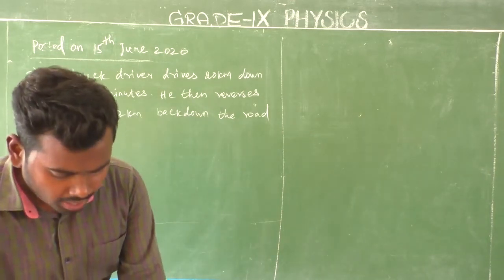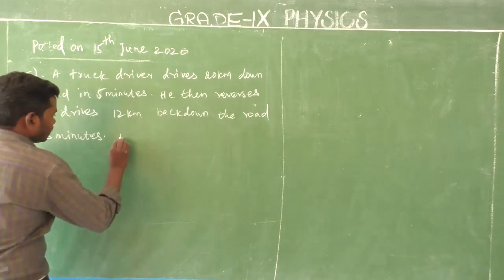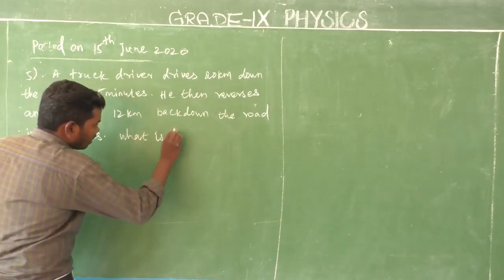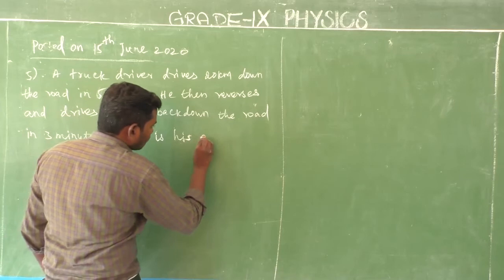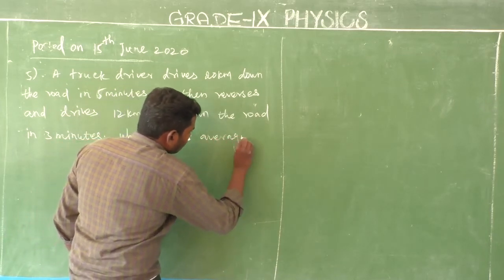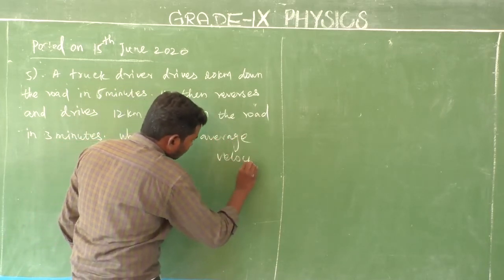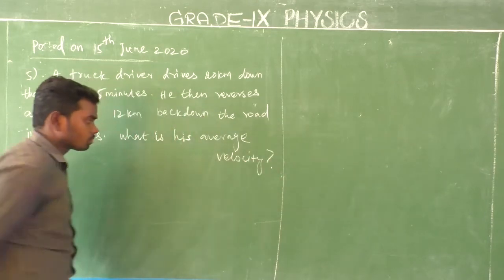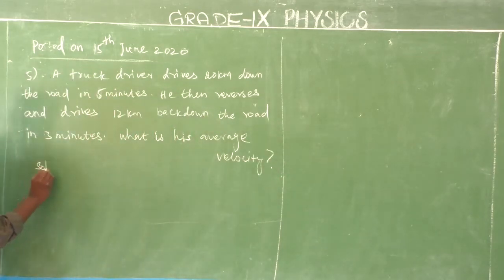What is his average velocity? That is the question. So, solution.